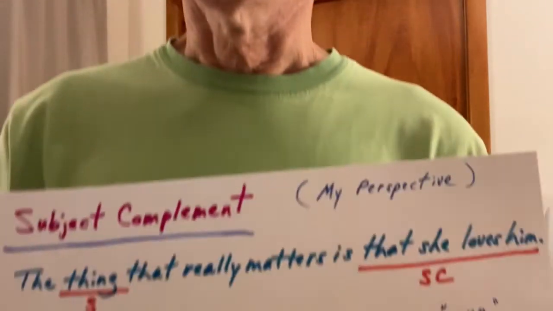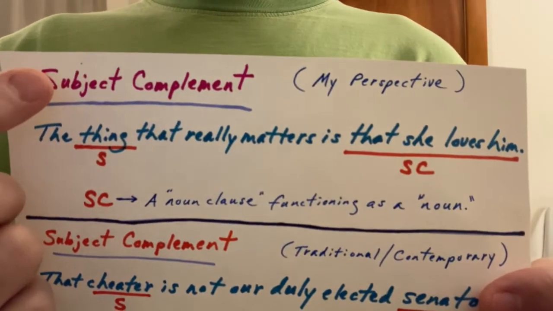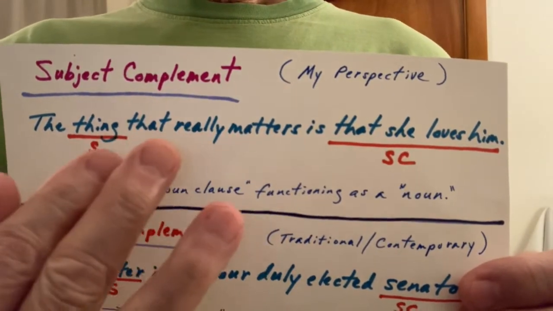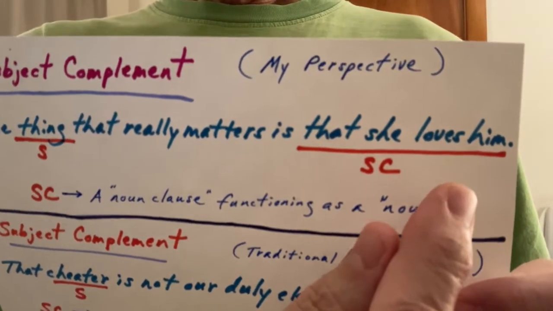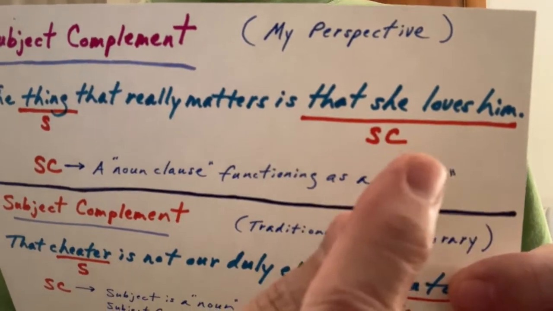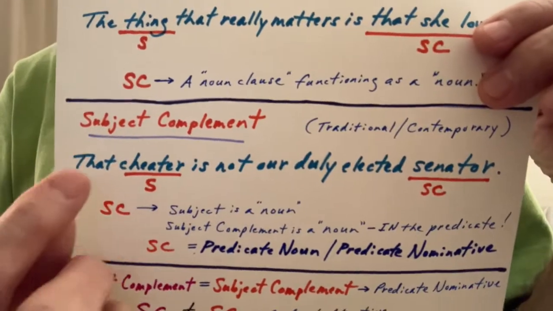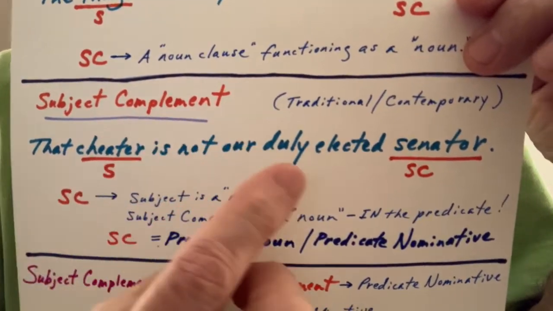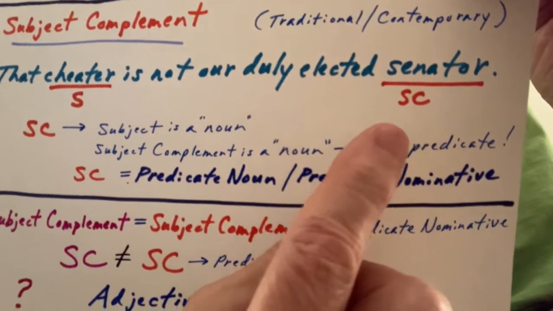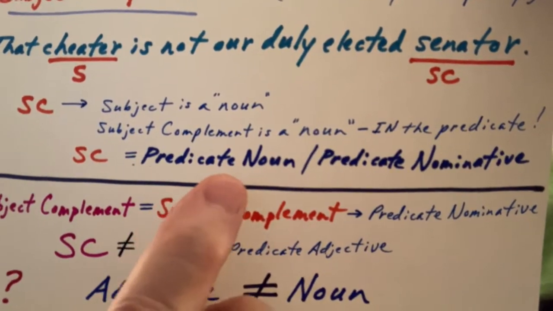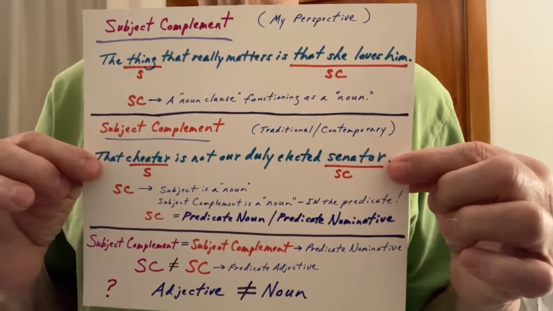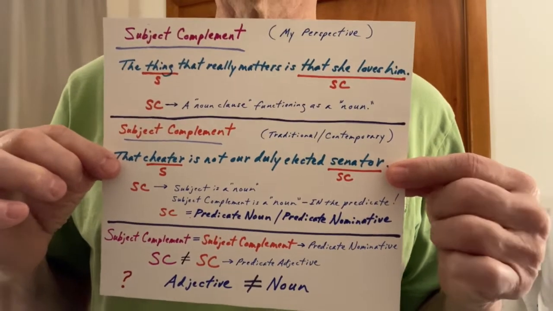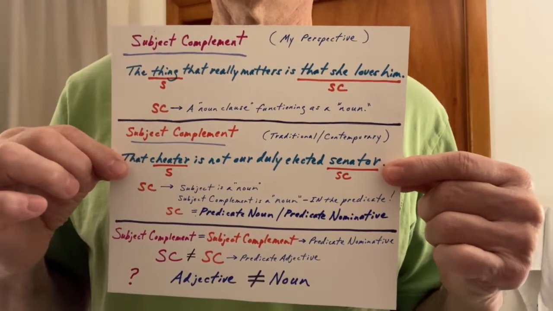I couldn't do it in previous videos because of time constraints, but the subject complement performed by a that noun clause is the same as the traditional contemporary subject complement when that subject complement is a predicate noun, or you could call it a predicate nominative. That's when they are equal in function, okay? And that's pretty much it.